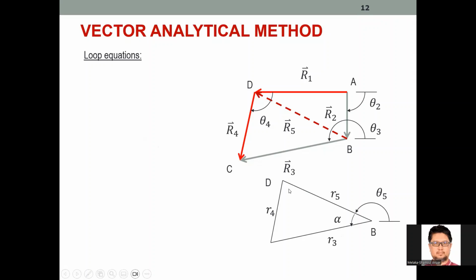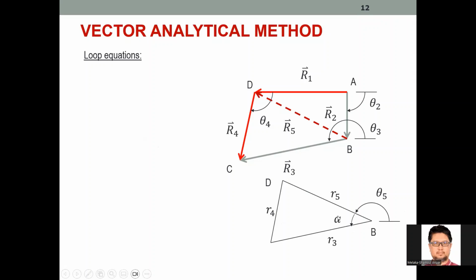So you go from vector into scalar and use the cosine or sine laws in order to solve for these angles. So angle alpha here, once you know all these scalar lengths, R5, R4, and R3, you can solve for alpha.